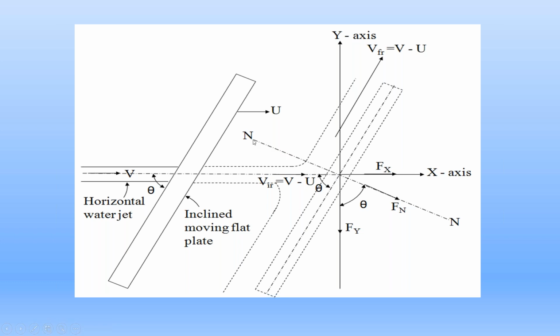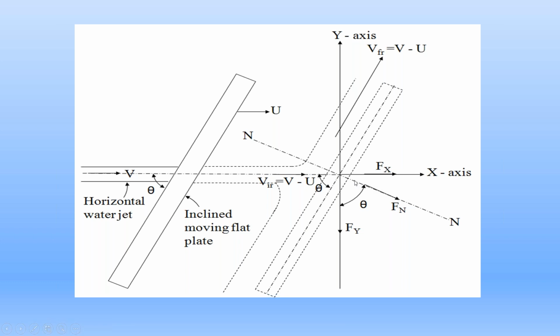So with this normal direction, the final relative velocity is making the angle of 90 degrees. The angle between the normal direction and the final relative velocity is 90 degrees, because the final relative velocity is along the surface of the flat plate, whereas the normal is perpendicular to the surface.